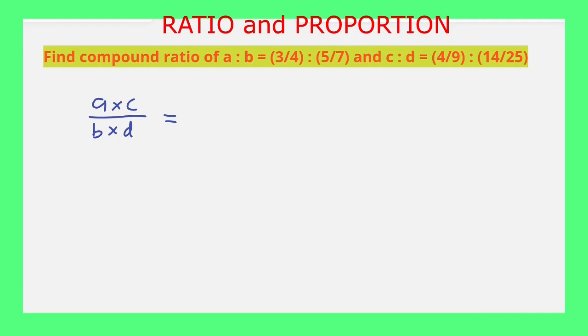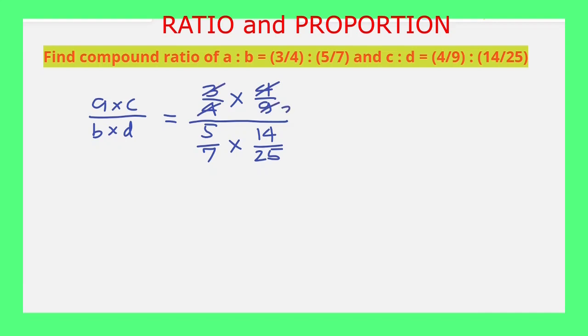So we multiply both the second elements B and D and we get our compound ratio. So A is 3 upon 4 multiplied by C, which is 4 upon 9, all divided by B, which is 5 upon 7, multiplied by D, which is 14 upon 25. 4 cancels by 4 and 3 cancels 9 for 3 times.